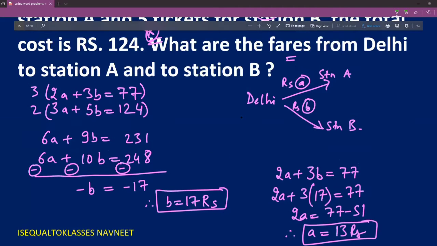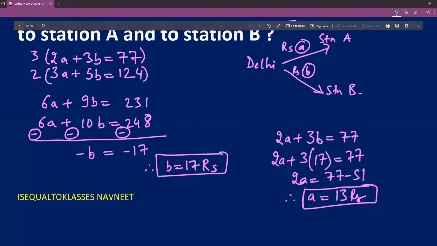Now let me explain what I have done. I multiplied the first equation by 3, the second equation by 2. I got this equation, I got this equation. Then I subtracted. This got cancelled. I got minus B is equal to minus 17. Now what is B? B is my ticket to station B from Delhi.